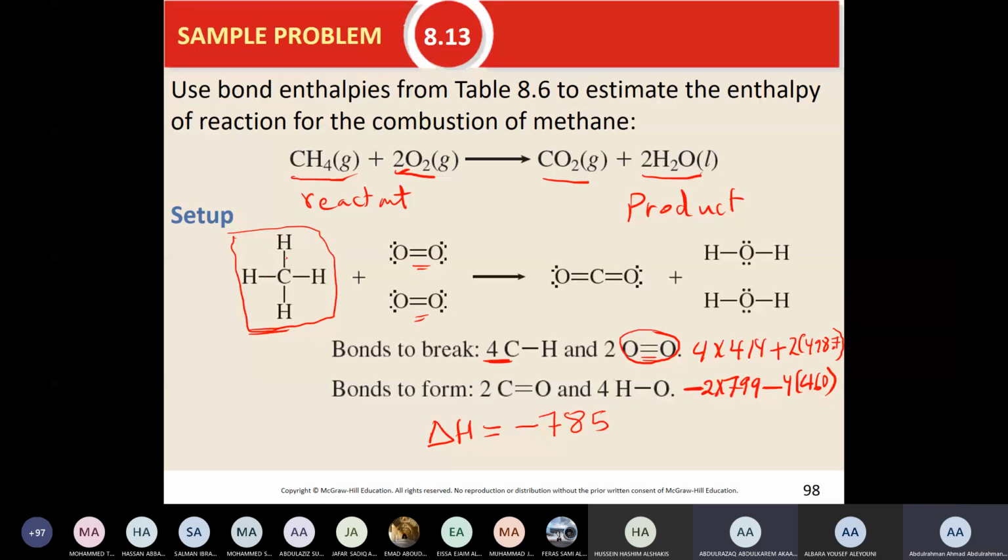Yes, so it is 785. What's the unit? Kilojoule per mole. Do you know how to do delta H for bond enthalpy? Is this easy? Yes, easy. I hope so.